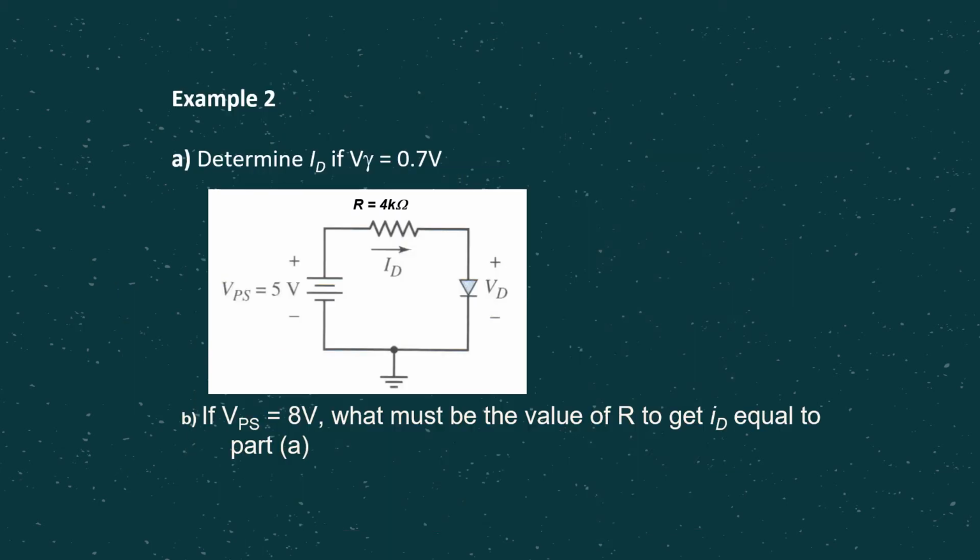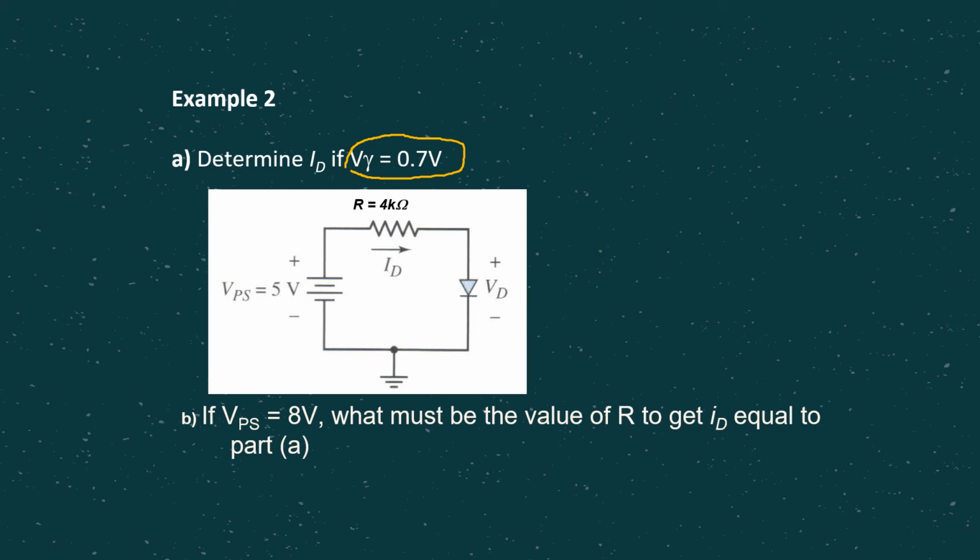For example 2, it is just the same thing, where you need to consider the model. In this case again V gamma equals 0.7 volt, meaning we are considering the second model, the piecewise linear model with V gamma equals 0.7. As we can see from the circuit, obviously the diode is forward bias, right? Positive goes to positive, negative goes to negative.